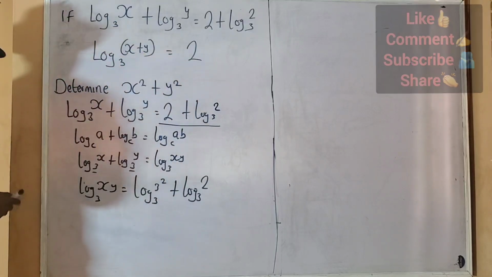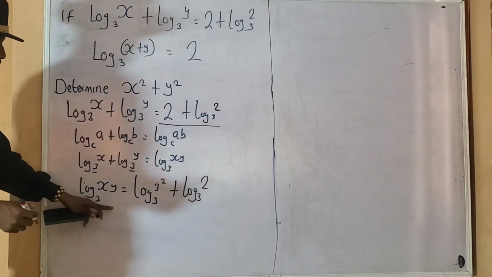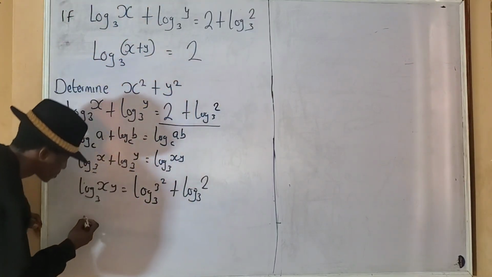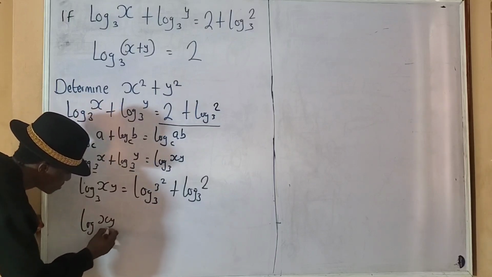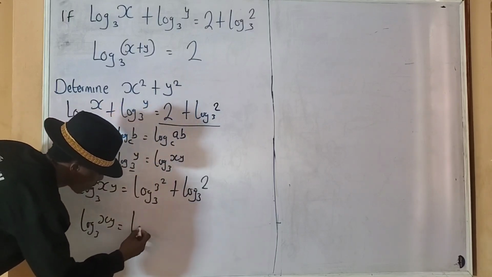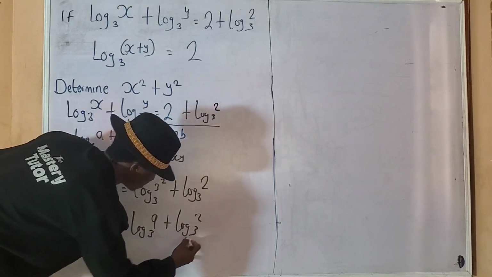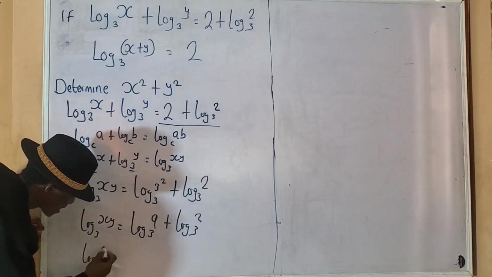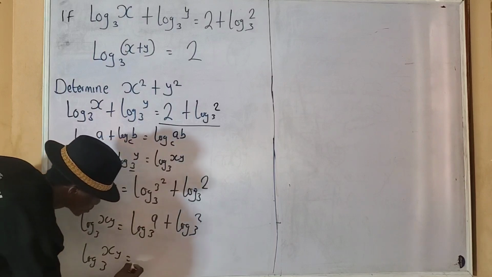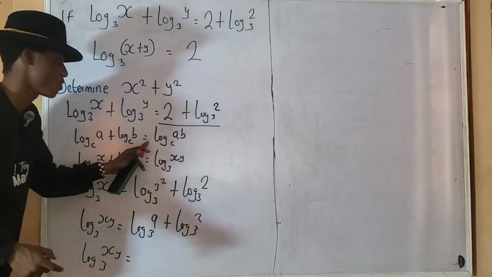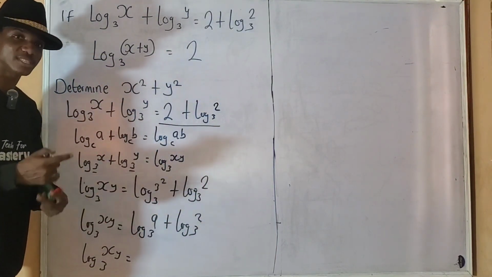Let's just erase this now. Okay. When you get to this point, 3 raised to the power of 2 is what? 9. So I'm going to have log xy base 3 equals log 9 base 3 plus log 2 base 3. Now you use this law: the sum of logs is the log of the product.